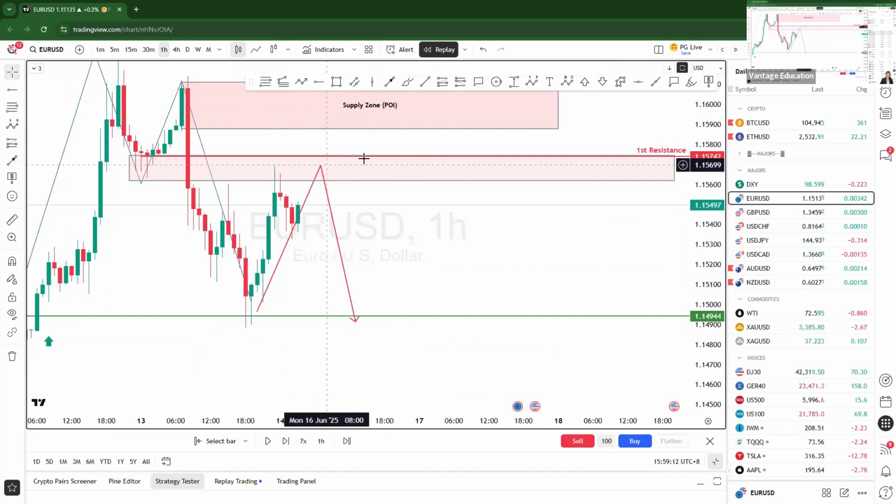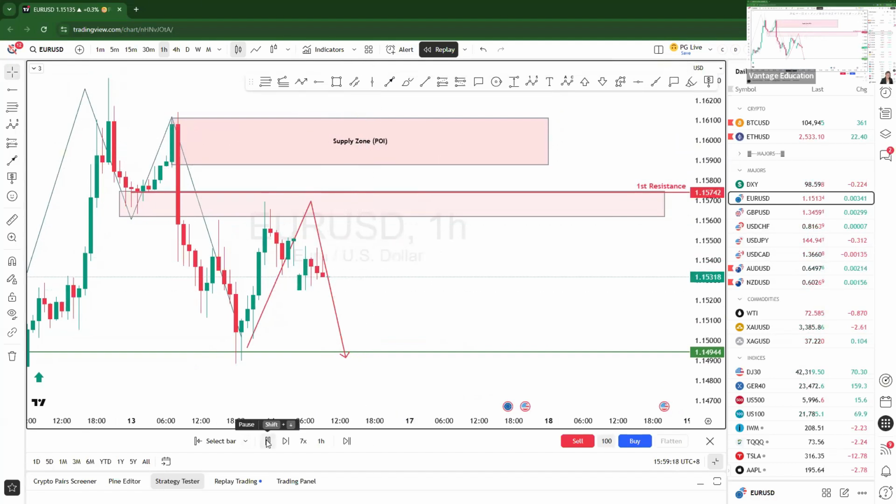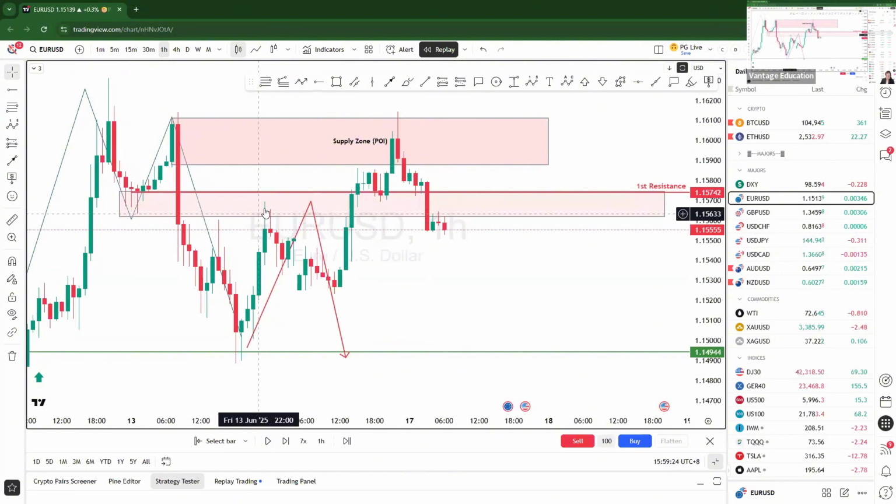But if it rises and goes back up to resistance again, likely they're going to break and go to your supply zone here. So if price goes back up again, the first time you sell, you're happy, you close. If it goes back up again, you're not gonna sell. Likely it's going to break because they are looking at this supply zone here.